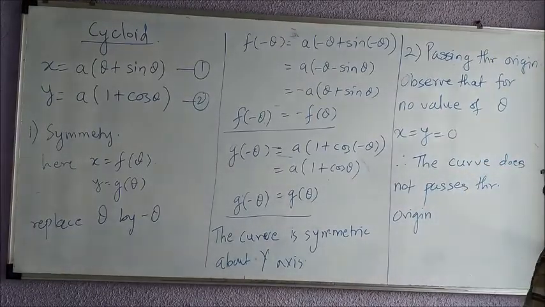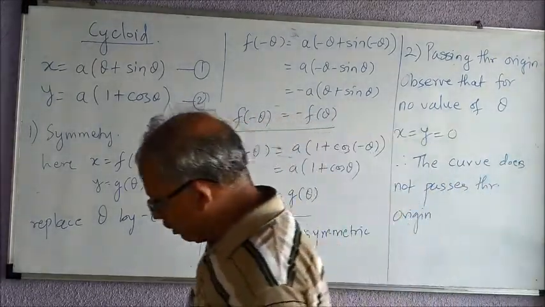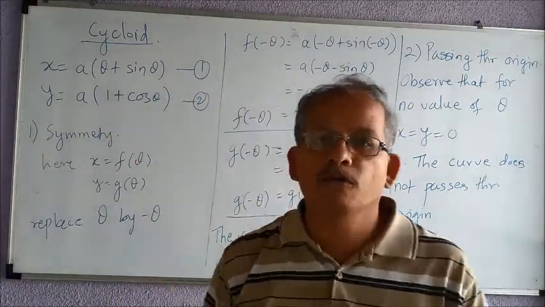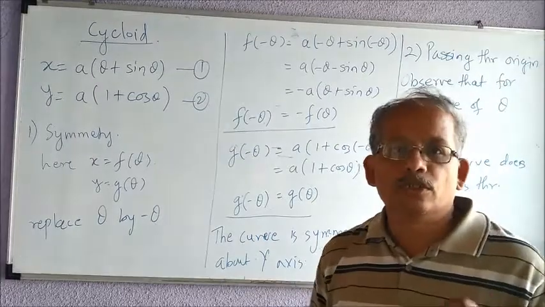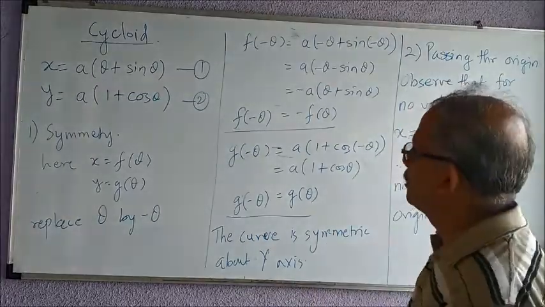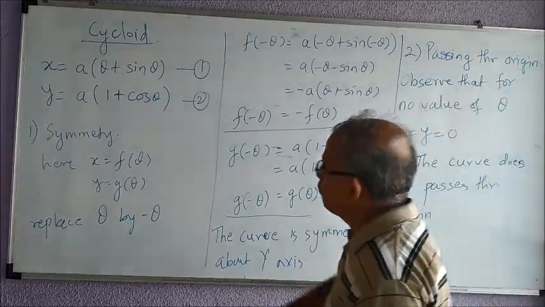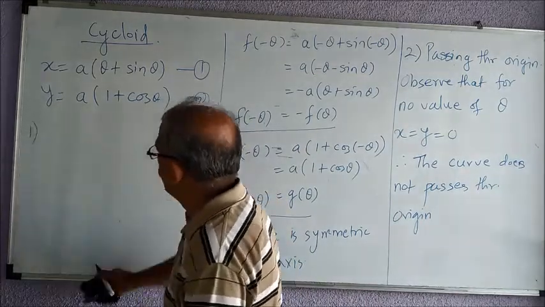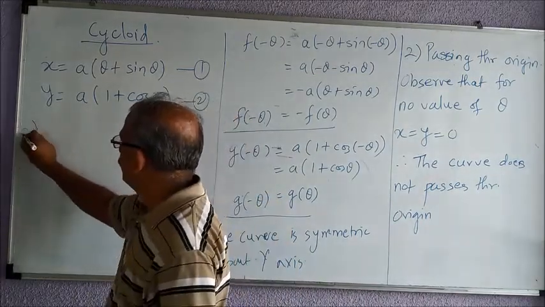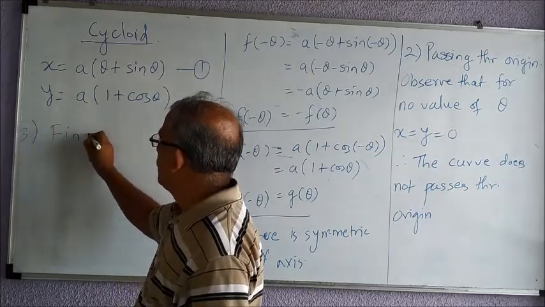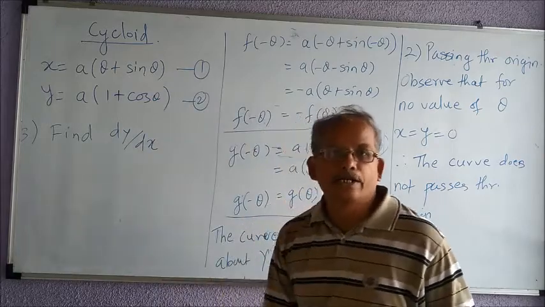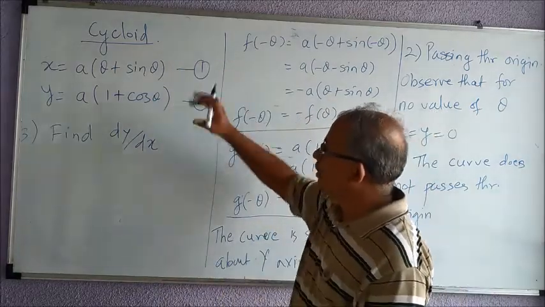Now we will obtain the formula to calculate the slope of the tangent to this curve at different theta points. So my next point, the third point, is to find dy by dx. See that the equation is given in parametric form.